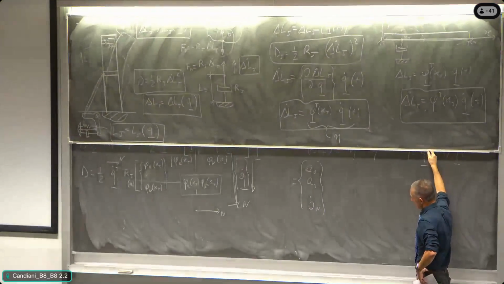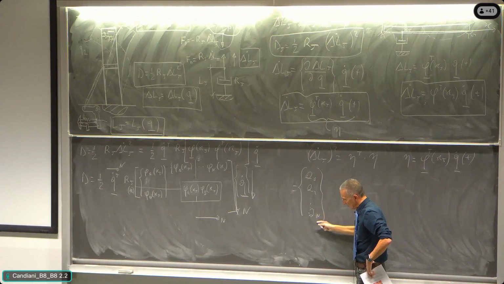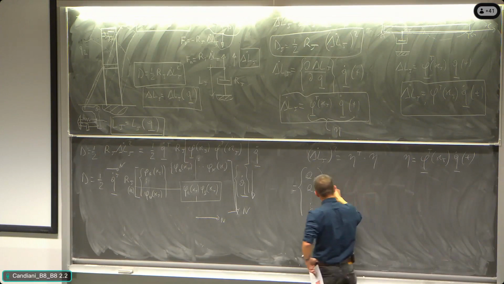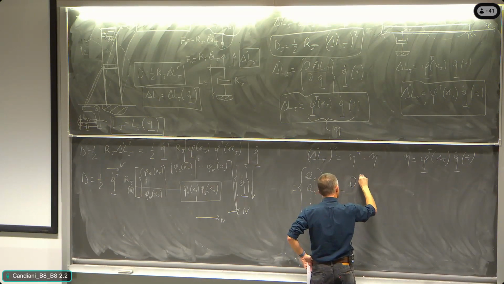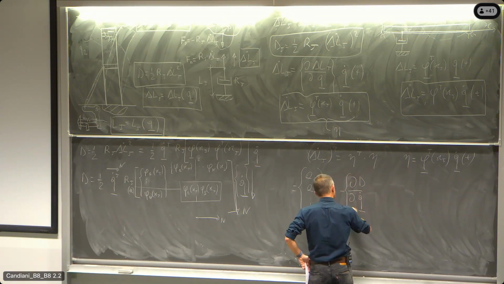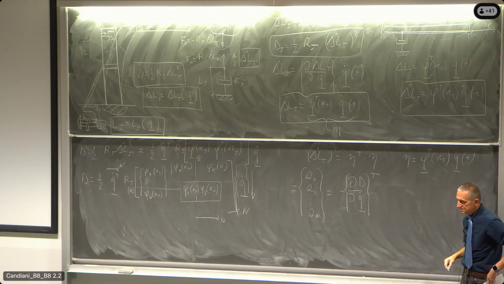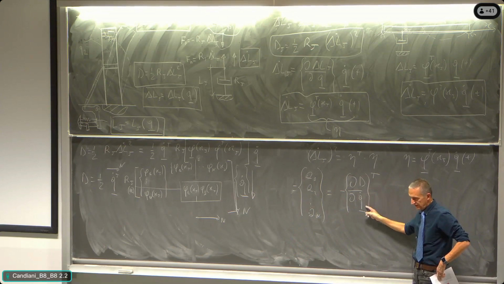it is possible to demonstrate with full generality that the virtual work of those external forces is simply written as minus the derivative of the dissipative function with respect to the vector q dot, transposed.